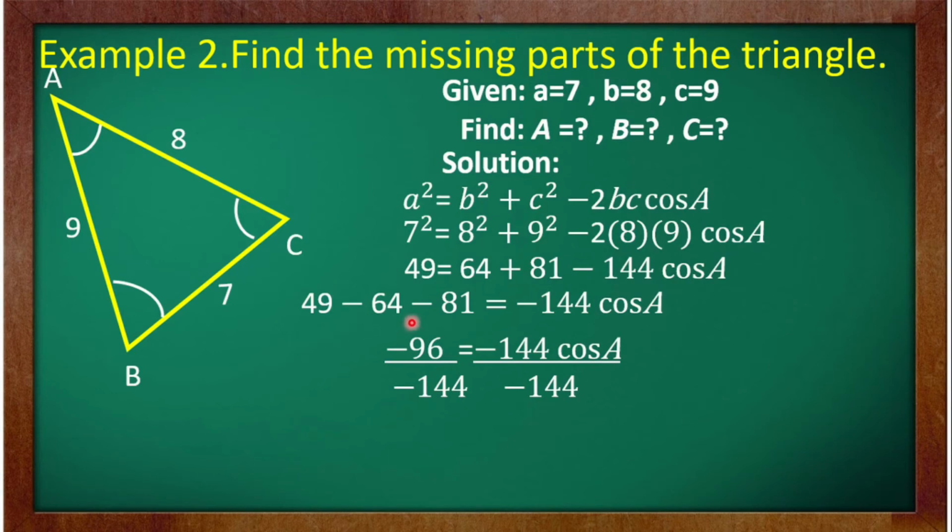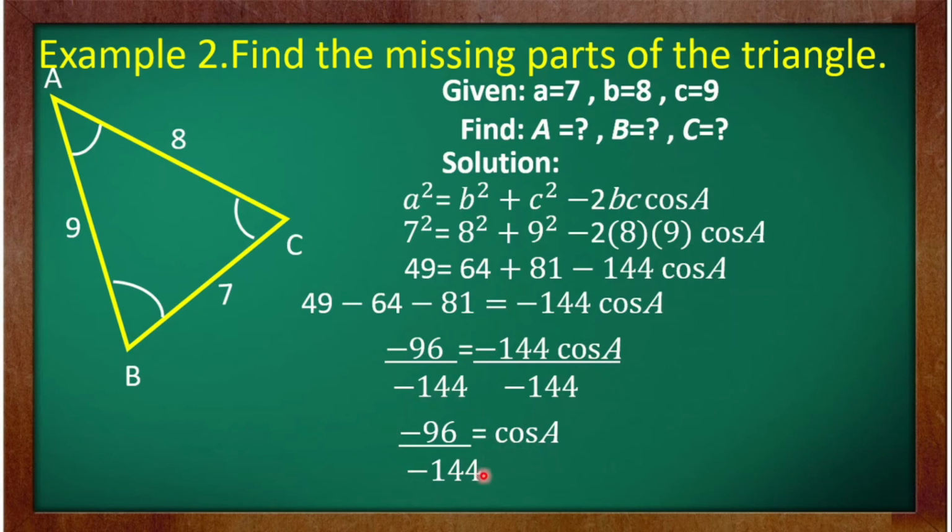So 49 minus 64 minus 81, that is negative 96, is equal to negative 144 cosine A. Then to solve for cosine A, divide both sides by negative 144. So ang magiging value natin is negative 96 over negative 144 is equal to cosine A.